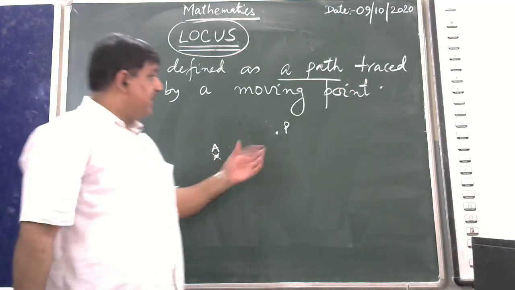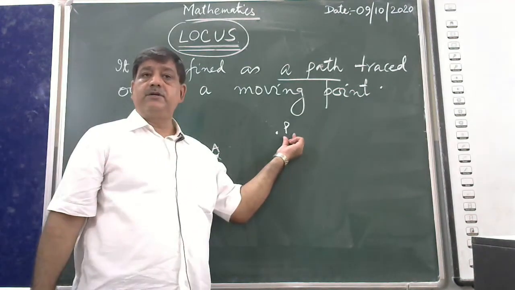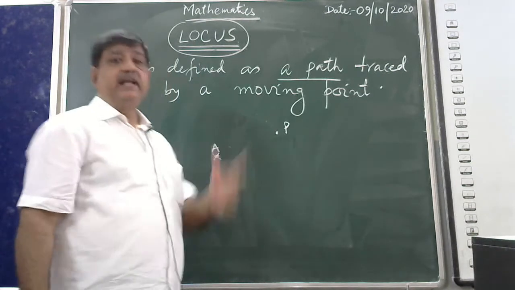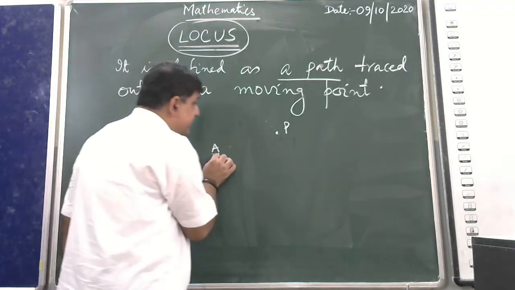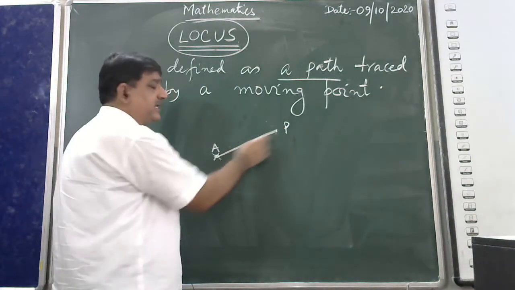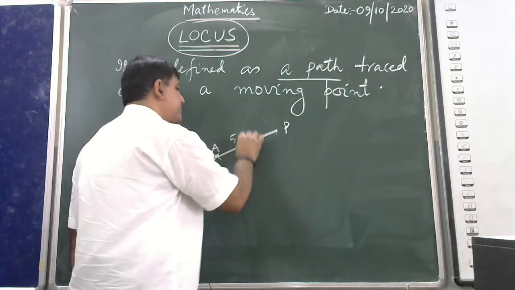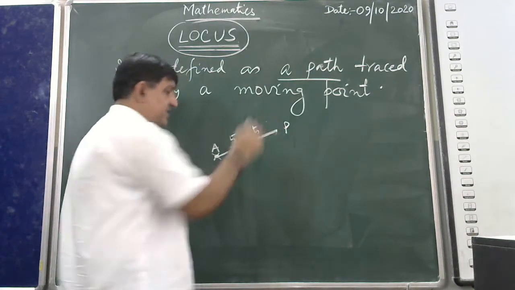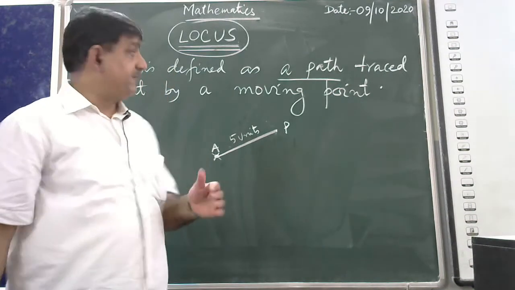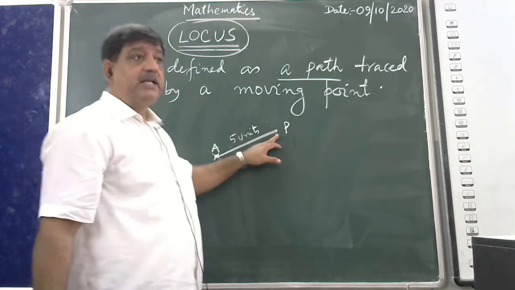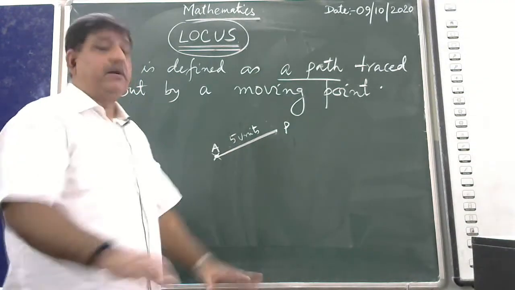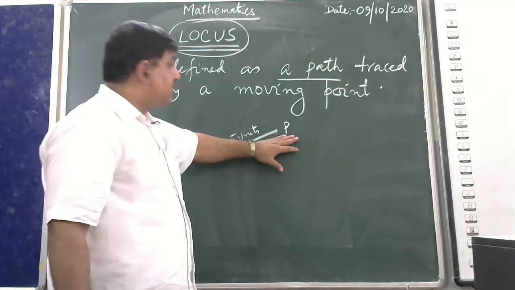Now, if we apply a condition on the motion of this point P, say the condition is the distance of this moving point P from this fixed point be always 5 units. Say this distance is always 5 units. Now, if this distance is 5 units, the path on which this point P is moving, that path is called the locus of this point.